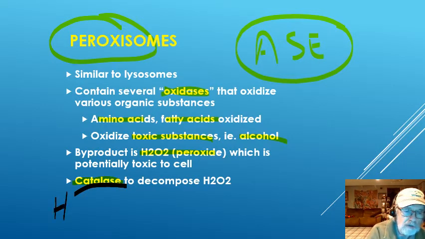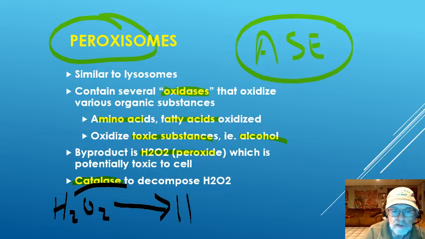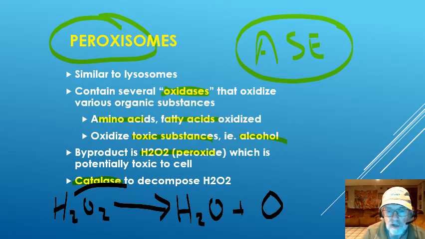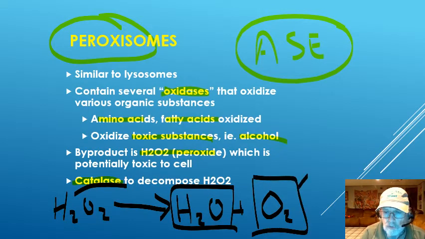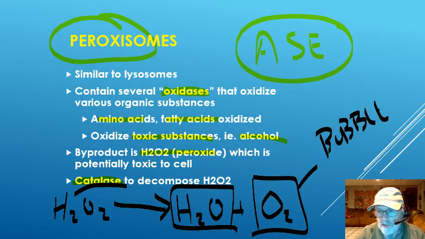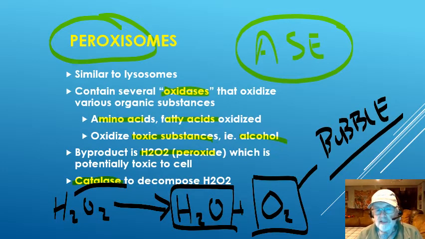H2O2 gets converted to H2O plus oxygen, and eventually with a couple of them it becomes O2. So what's this? Water. What's that? Air. What's that? Bubble. So the tissue catalase from a wound will decompose the H2O2 into water and oxygen, and that's why you see the bubbles.